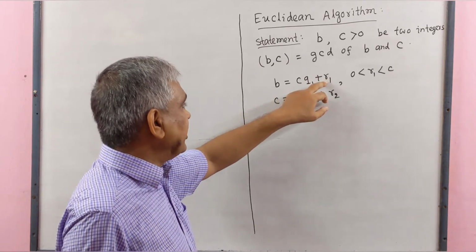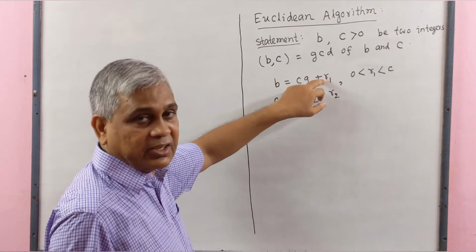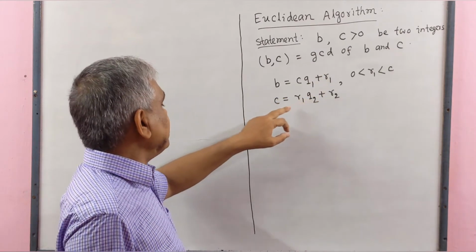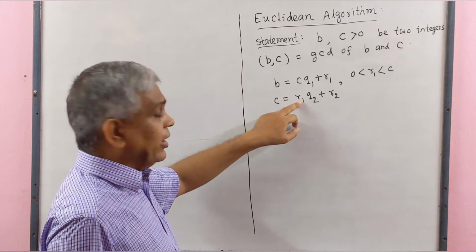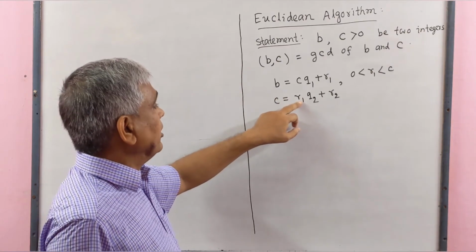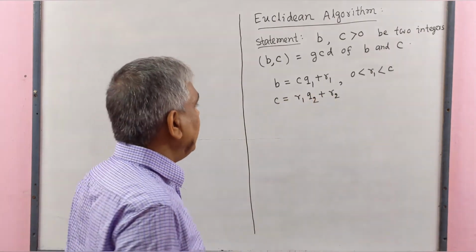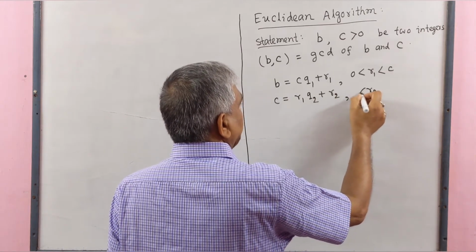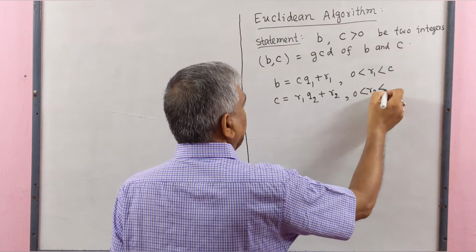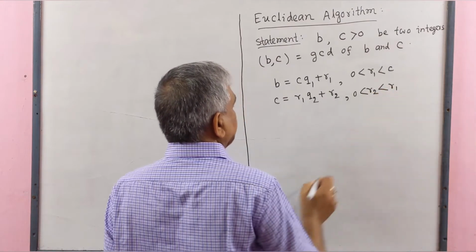Here R1 is the remainder in the first case, and in the second case C is divided by R1 and we get remainder R2. R2 lies between 0 and R1.